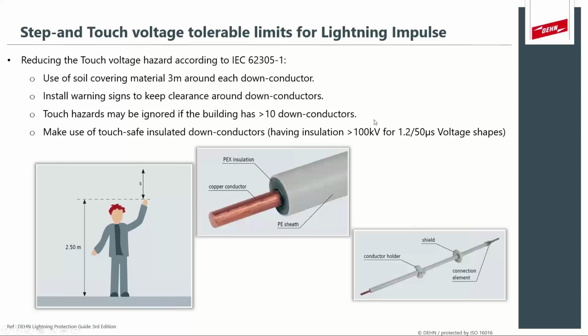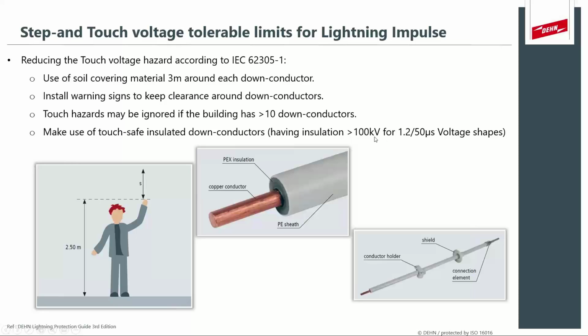If you're not able to achieve this, you can make use of touch-safe insulated down conductors. As I mentioned, it should have 100 kilovolts insulation for a 1.2/50 microsecond voltage wave shape. That's also dependent on the rise time, so as to not overstress the cable.